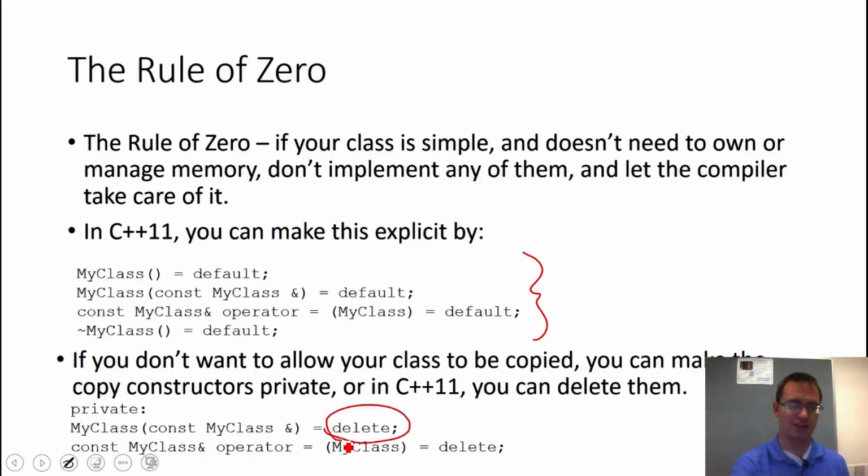Okay, and you can see here I've done both, which is kind of redundant, but there you have it. So again, that's more explicit. It's not just a mistake. I'm saying I want these deleted. You cannot copy my class.